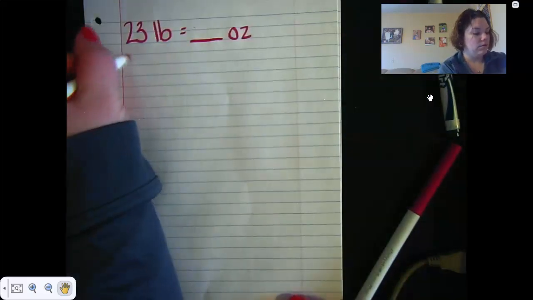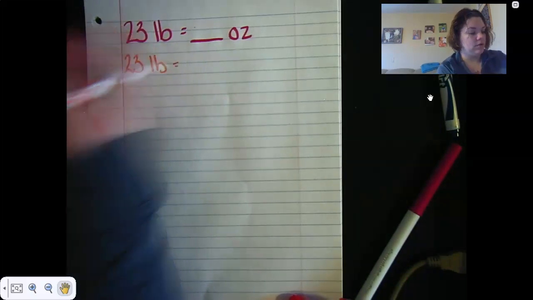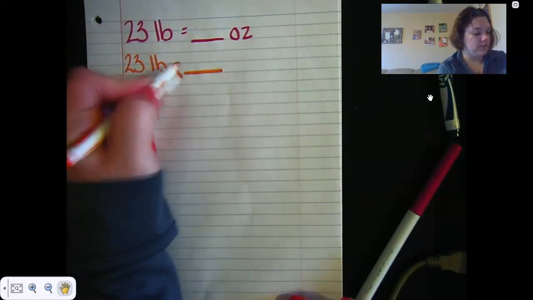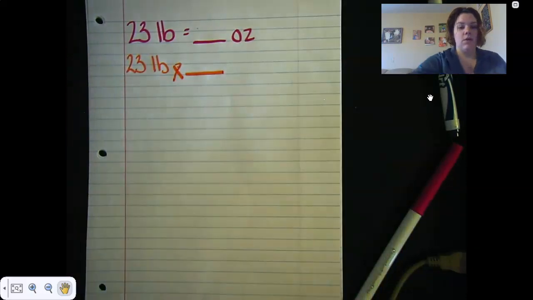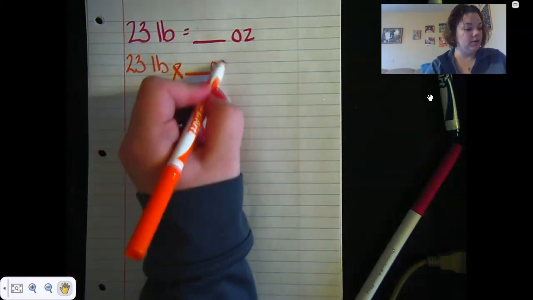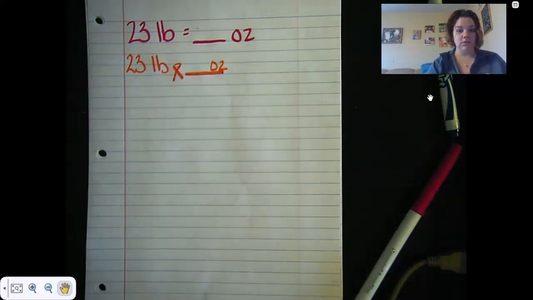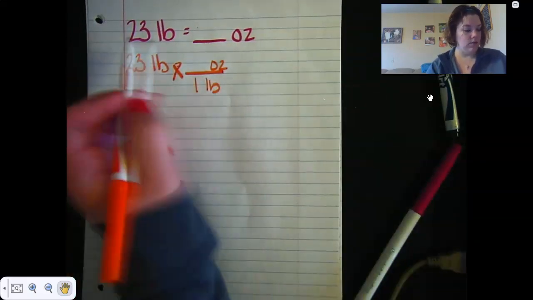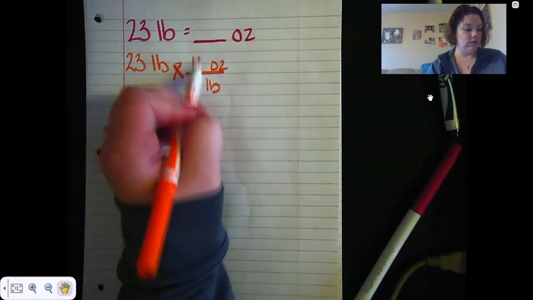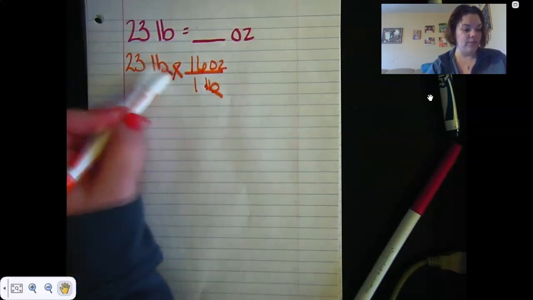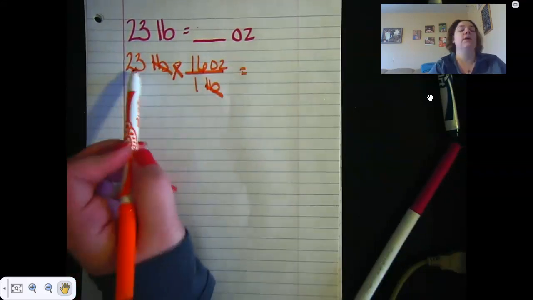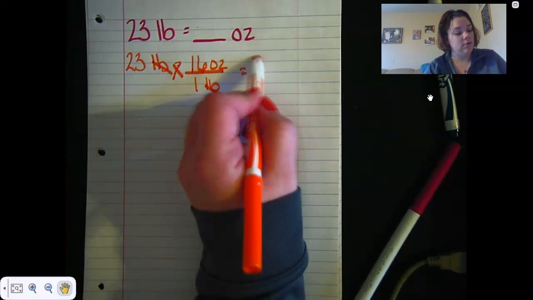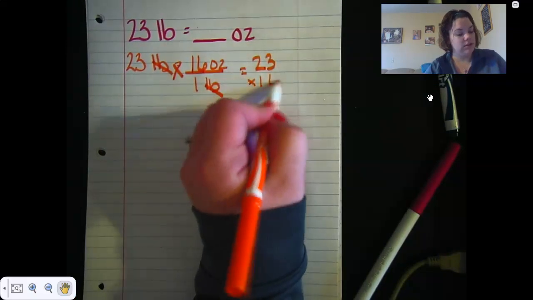So we start off with 23 pounds, and we look, we're multiplying, and we see that 1 pound, we're going to go to ounces up here. So when we see ounces, we see that only 1 pound, okay, equals 16 ounces. Cross off the pound just like we have been all week. That means that we are multiplying 23 by 16. So 23 times 16.